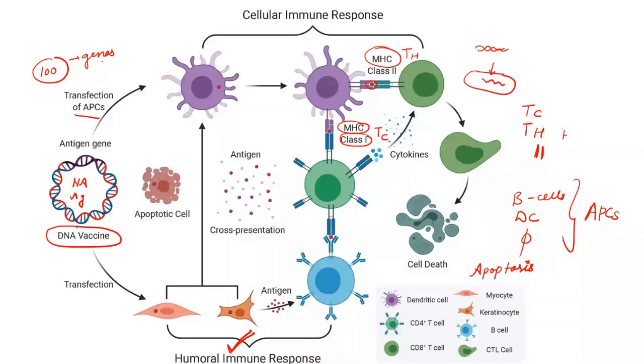So it is not necessary that the 100 genes will only follow this process. Some 10 will follow this process, some 10 will follow that process, the approximate percentage will be different in different host. So there are so many crosstalks going inside our body.